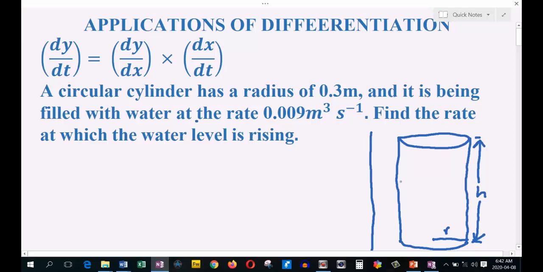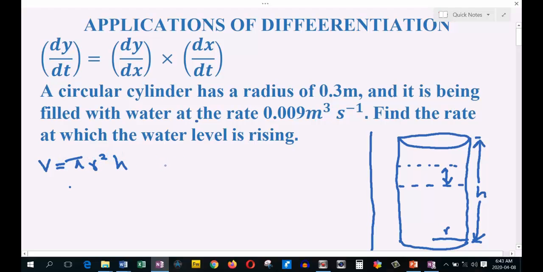What is changing here is the volume of the water. The water level is increasing. It could change something like this to this as water is being filled, as the cylinder is being filled. So let us start. We know that the volume of a cylinder is equal to pi r squared h.